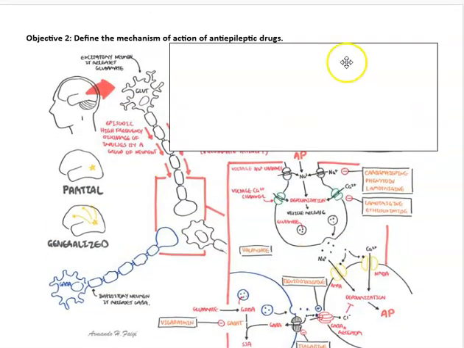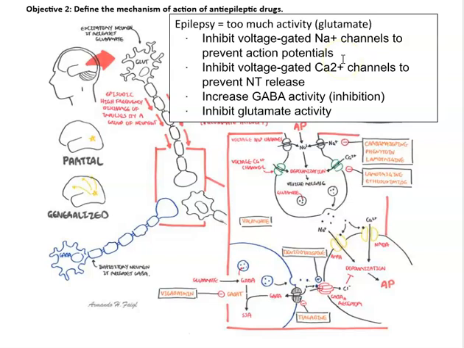Your general mechanisms are going to be the ones that we talked about up here. In my key, I have written them just a little bit different. So inhibit voltage-gated sodium channels, I just have sodium channel blocker. For this one, I have calcium channel blocker. For this one, I have GABA potentiation, which just means increased GABA activity. However you want to do that. And this one would be to block glutamate receptors.